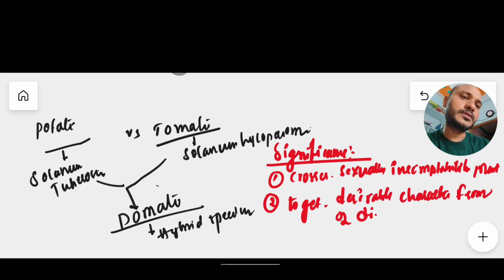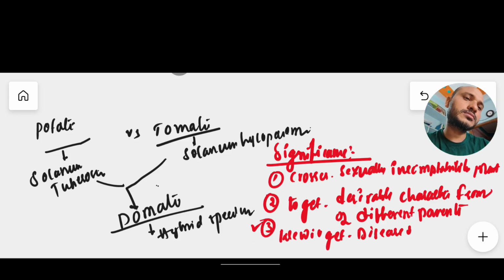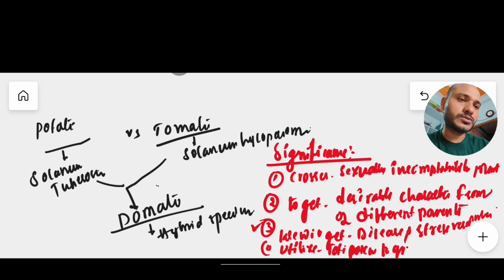One more significance is rapid introduction of disease and stress resistance, so we will get a disease and stress resistant plant. And one more important point: somatic hybridization utilizes totipotency to grow a whole plant. So this is all about somatic hybridization.